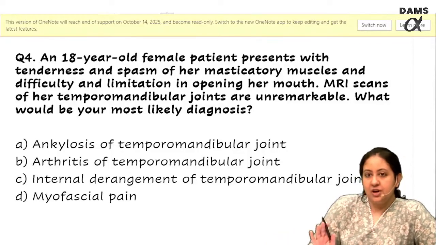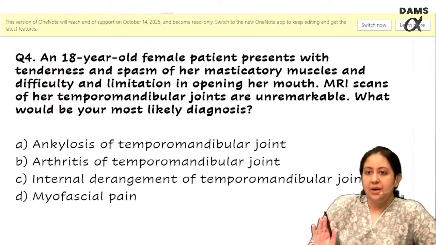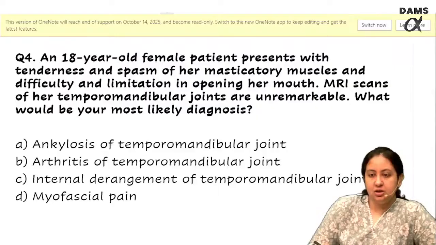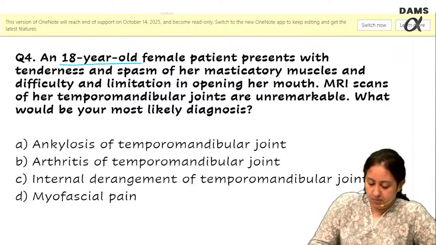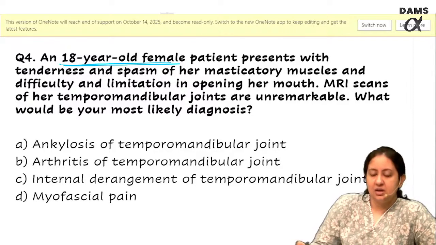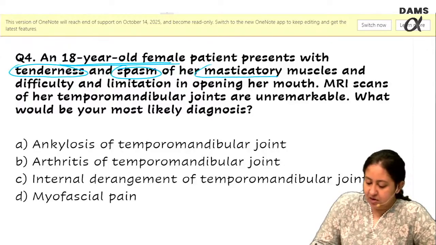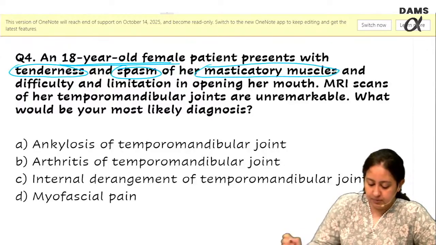Let's read the question and pick out what information is being provided. 18-year-old female patient presents with tenderness and spasm of her masticatory muscles.